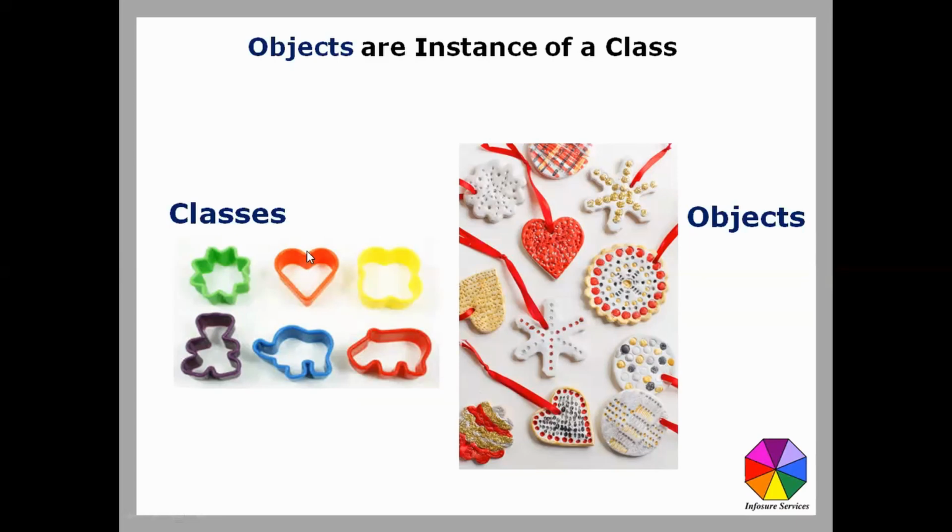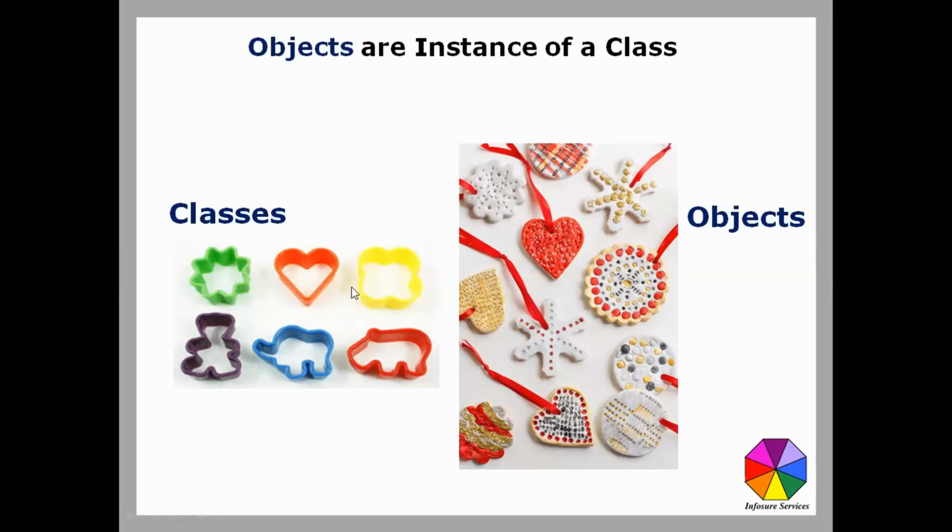Now the class by itself is one entity. The object itself is also another. These two are separate, right? The cookie cutter is not the cookie. The object is a member of the cookie cutter class. The names of these properties are the same.